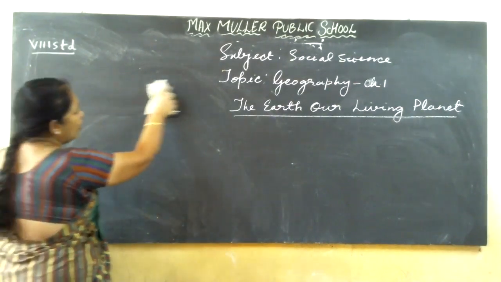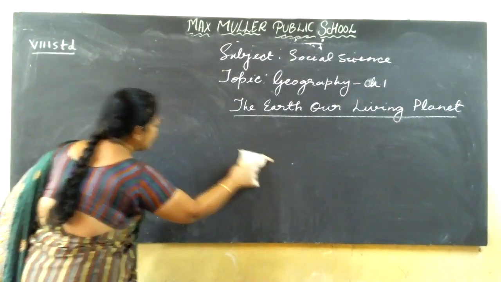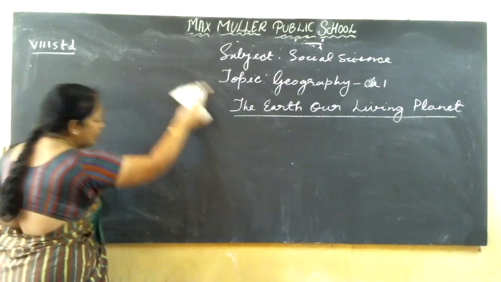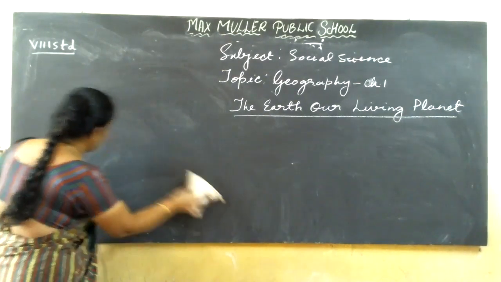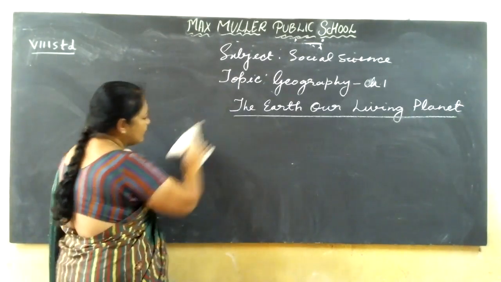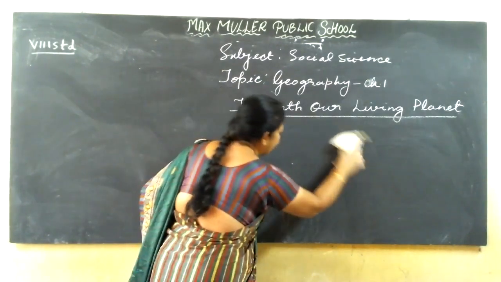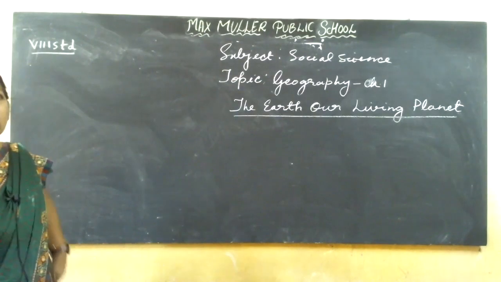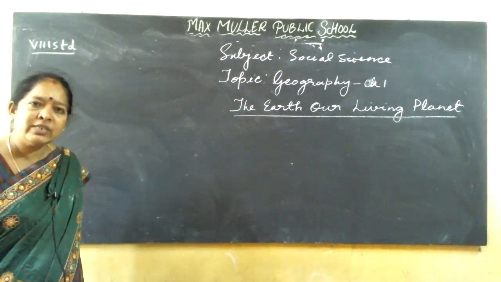Longitudes are called meridians, and they are very useful for us to note down the timings, where the sun's rays are falling vertically. Vertically means straight, that is 12 noon. So these longitudes help us.